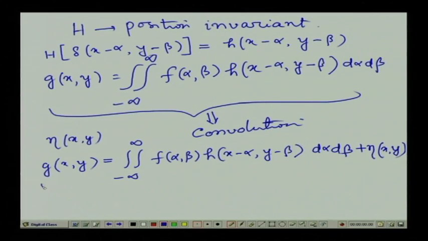So, this is the general image degradation model, and here we have assumed that the degradation function h is linear and position invariant.